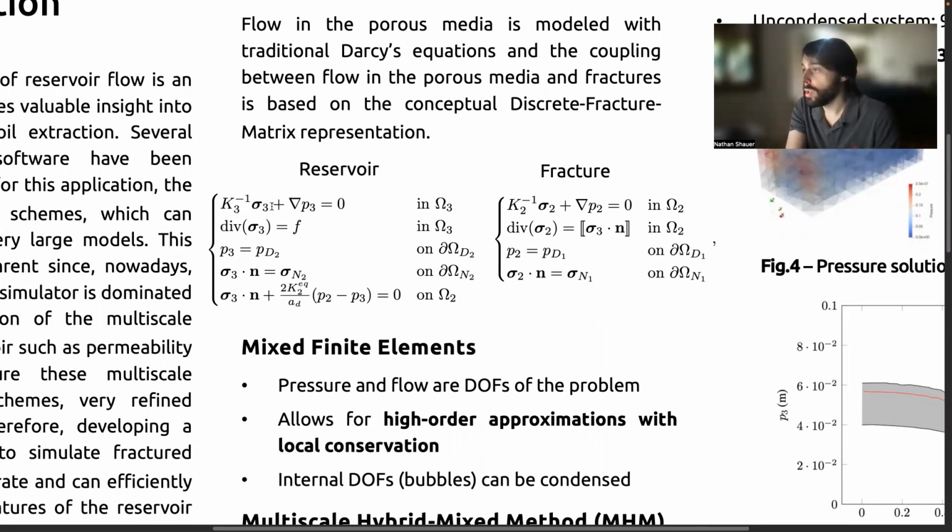Sigma 3 is the flow in the porous media, and P3 is the pressure in the porous media. Next is the conservation of mass equation, where the divergence of the flow is equal to a source term. And here are the boundary conditions of either pressure or normal flow. Here's the first coupling term, where the flow that goes in between fractures is related to the difference in pressure between the reservoir P3 and the fracture P2.